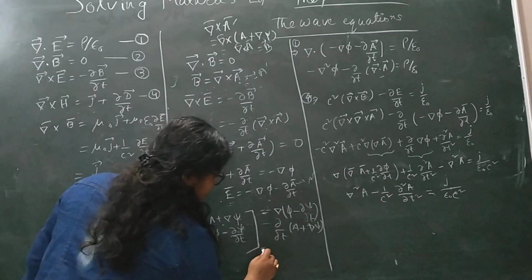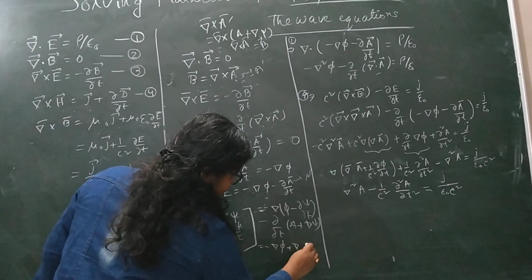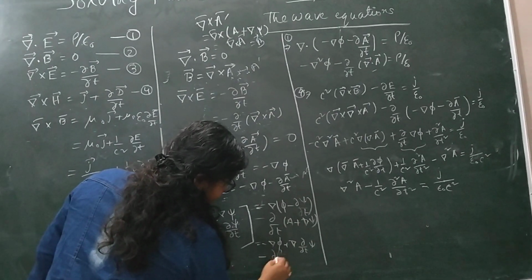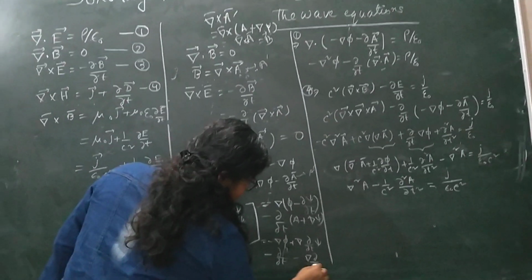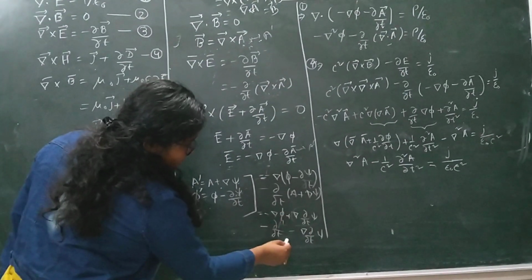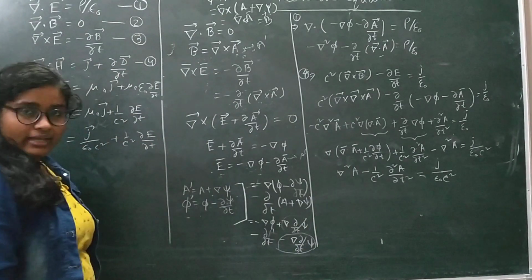So you simplify it: minus gradient of phi plus gradient of del t of psi, minus del A by del t minus gradient of del t of psi. Plus gradient of del t of psi and minus gradient of del t of psi, both quantities will cancel.